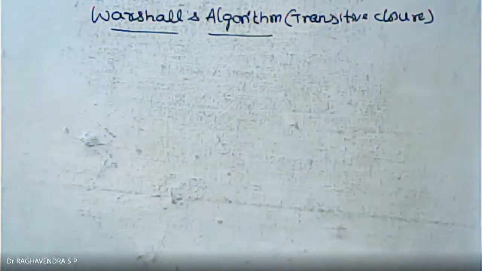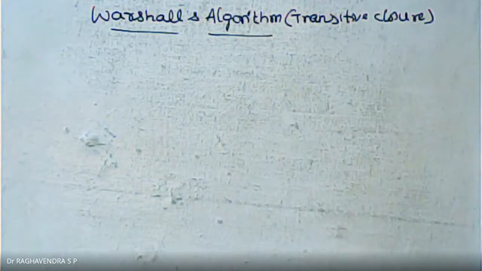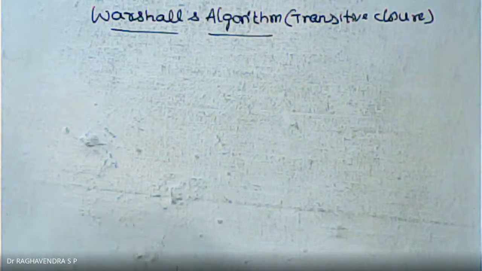We also call this transitive closure. So this is Warshall's algorithm.